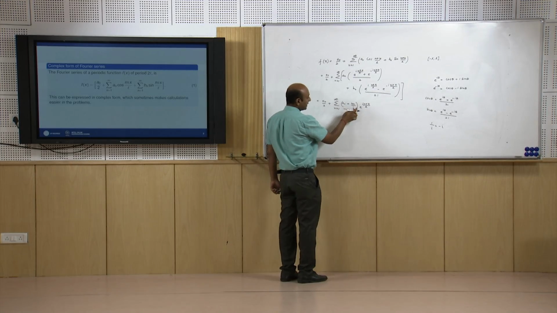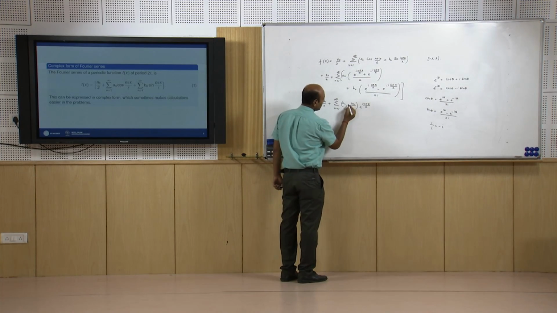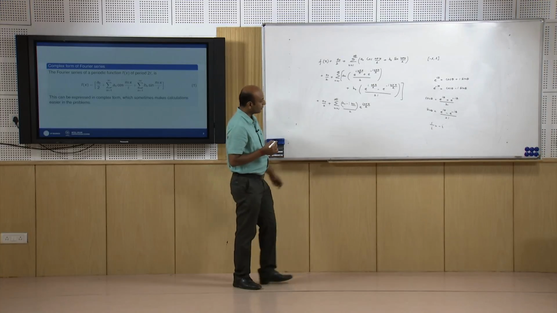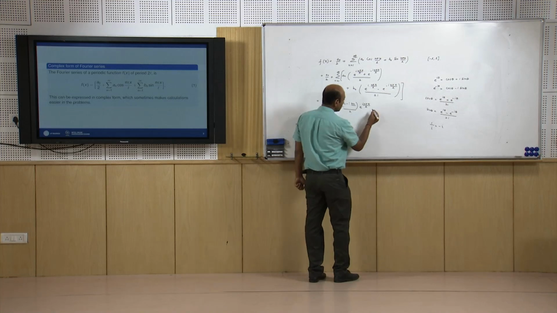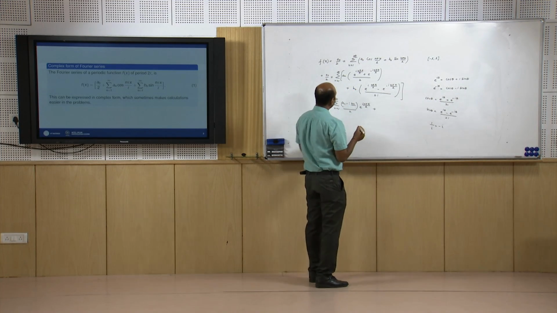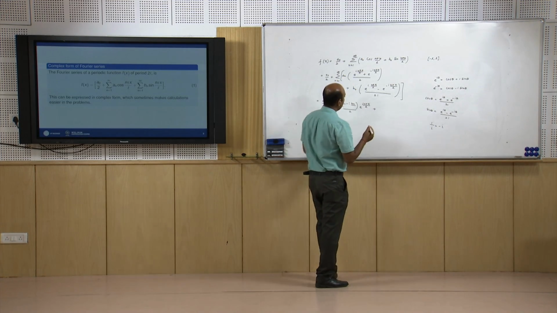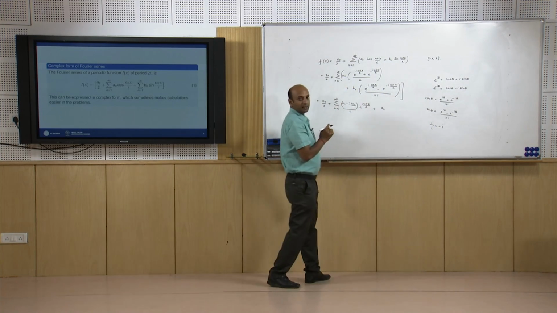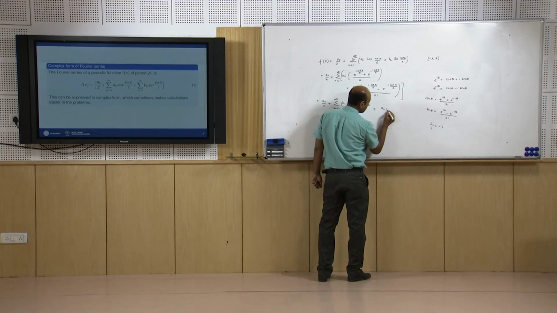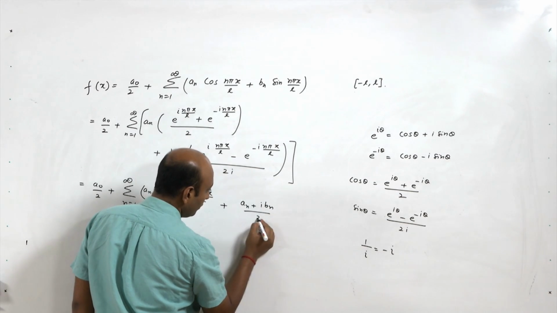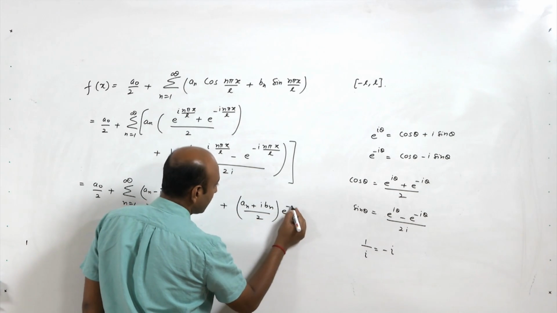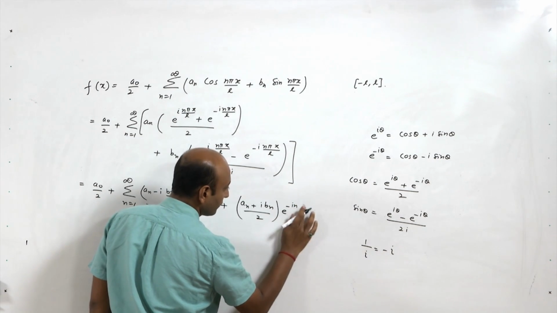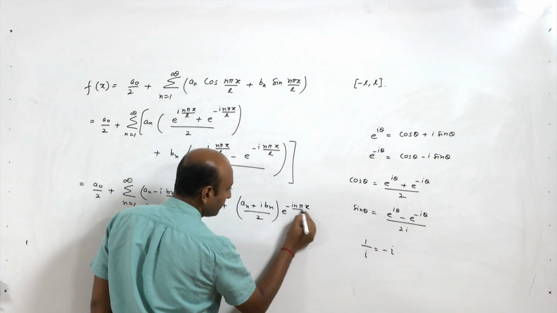So, this is a n minus iota b n, plus, again 1 upon iota is minus iota, and minus minus gives plus, so a n plus iota b n upon 2 times e to the power minus iota n pi x upon l.